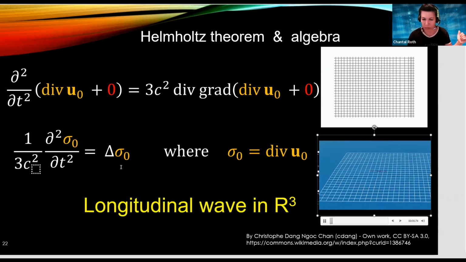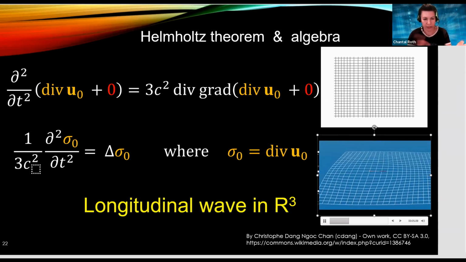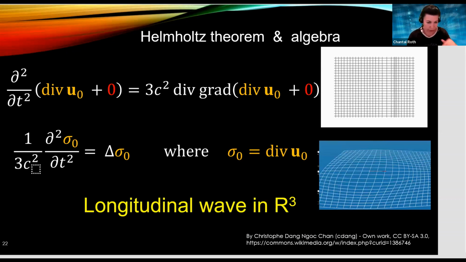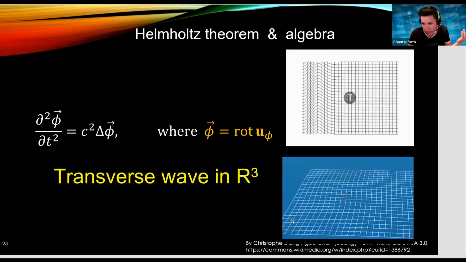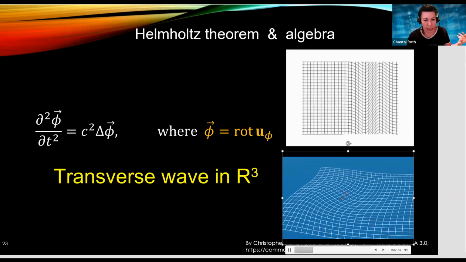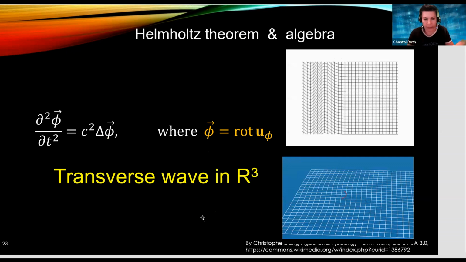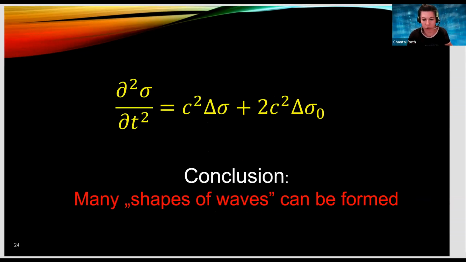So you have one type of wave, and then when you apply it to the other side, obviously you get transverse waves, right? This is pretty obvious. And then, of course, you can combine these, and that's why you get many shapes of waves, like Marek has actually shown in his talk.